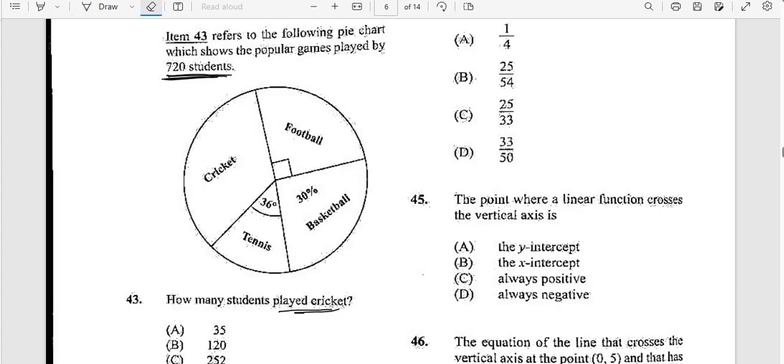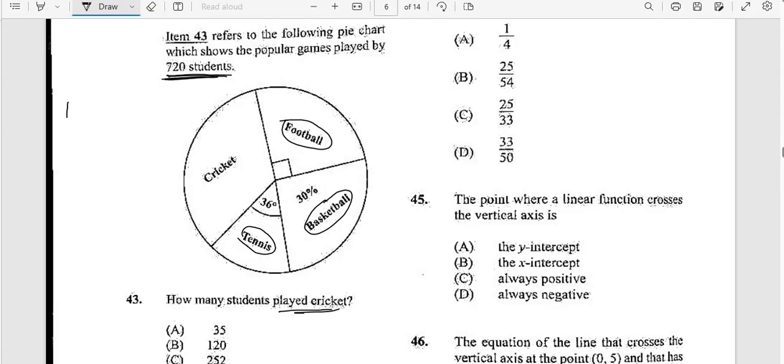All right, so here's what we could do instead. We know that there are 720 students, so we can find out for each game, football and tennis and basketball as well, how many students we have who played those games out of the 720 students.